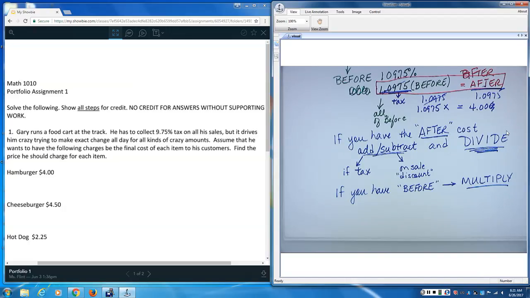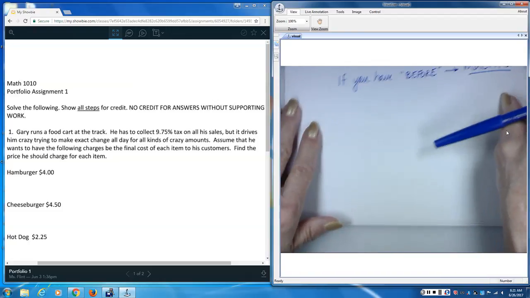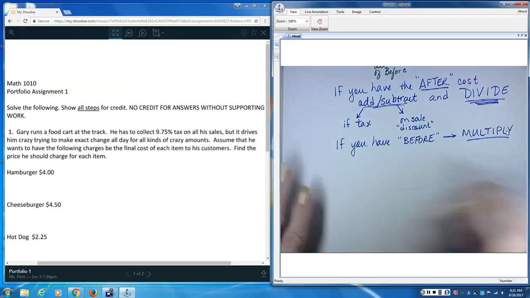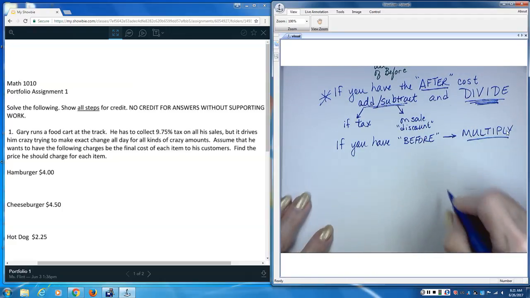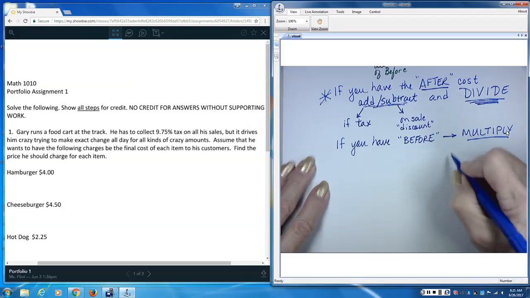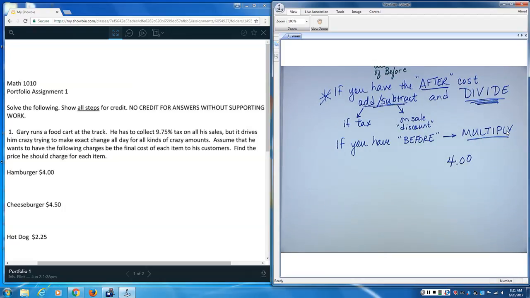So for example, the hamburger, that's $4. I'll go ahead and show you how to work this one, because it fits this pattern. The hamburger's $4, and that's $4 after tax.